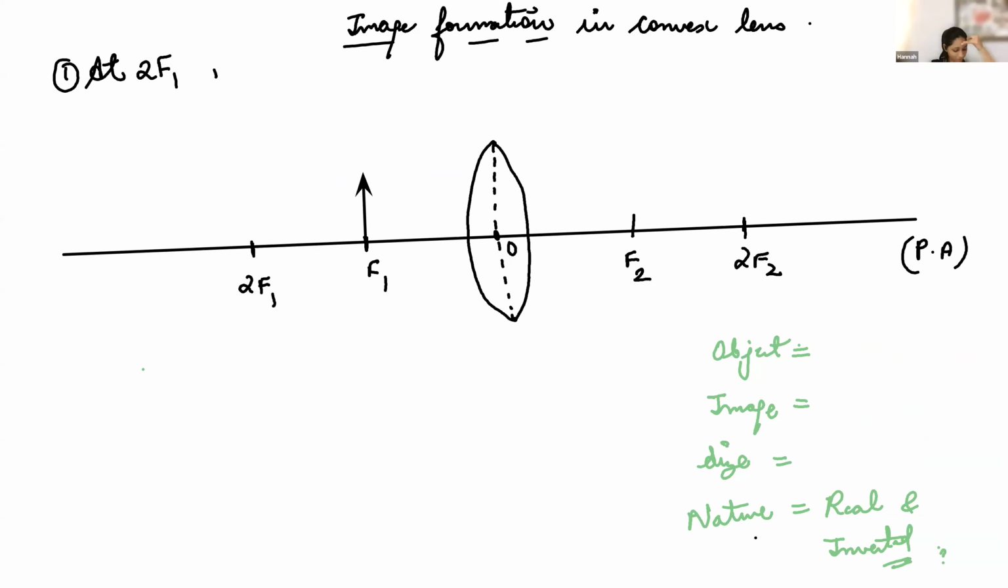So now, even with the proper measurements, it is coming between F2 and 2F2. How can it be? Show me.